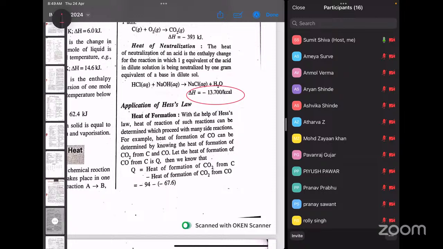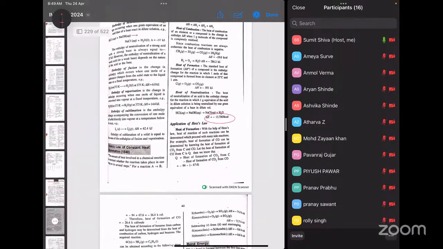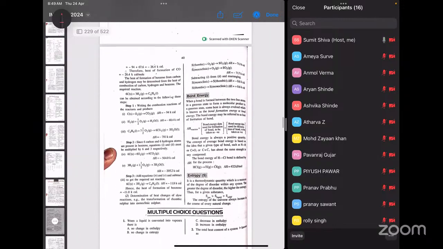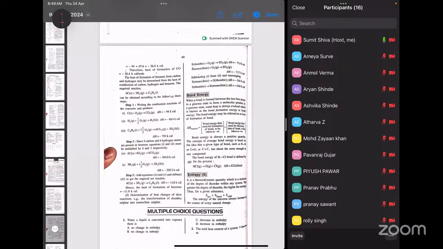This is for strong acid and strong base. If one of them is weak, the heat of neutralization will be less than 13.7 kilocalorie. Understood? Yes, understood, or any doubt?